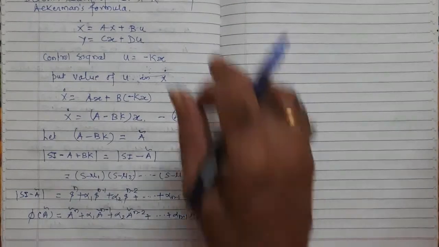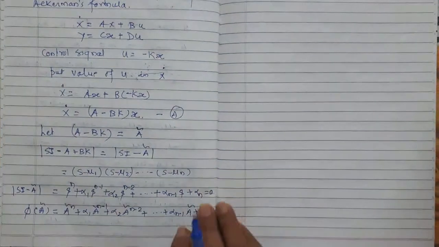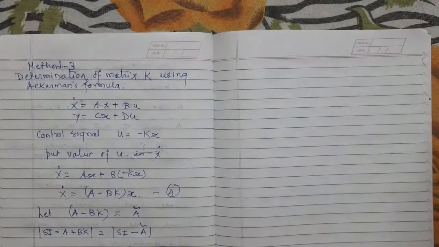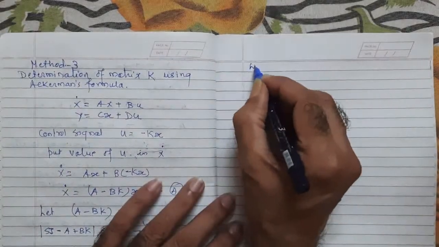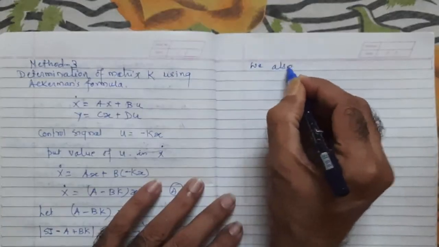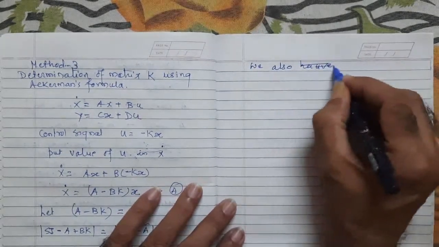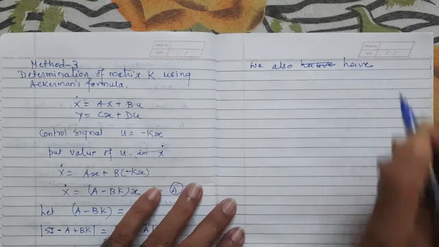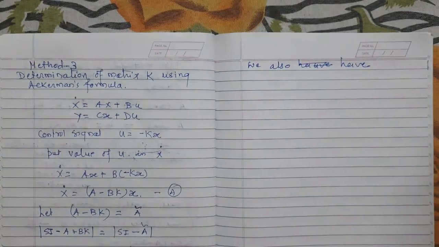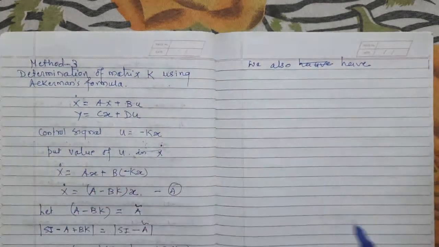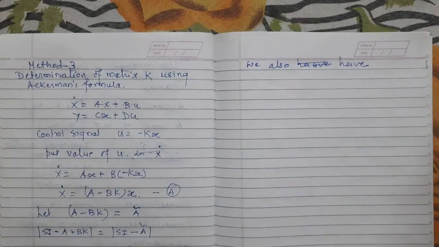Now see here, instead of A bar we will put A simple.